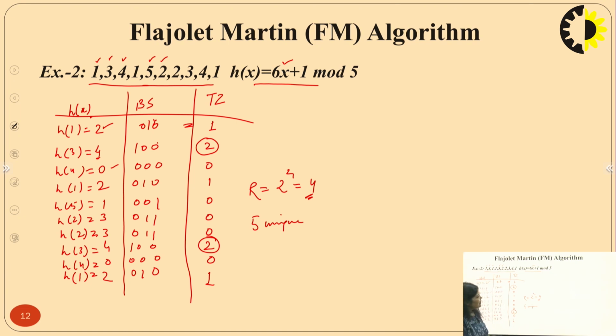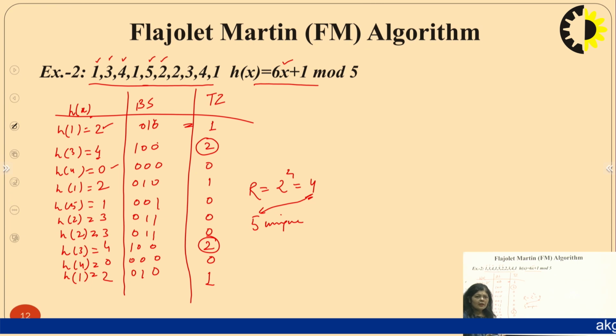So we have to keep in mind that when we are applying the FM algorithm, in some cases we will have the exact solution, but in other cases we cannot; rather it will give us an approximate solution, and we are happy with that if it gives us good accuracy. For example, if we are getting a value of 4 and it is quite close to the exact number of unique elements in the stream, we are happy in most cases.